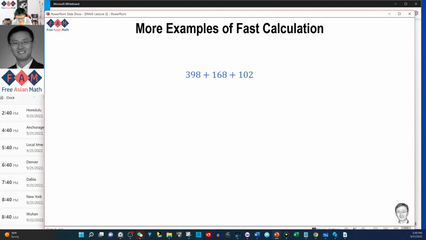So 398 plus 102 gives you 500. And now you add 500 to 168. That's super easy because you have 2 zeros after 5. That will give you 668. So this is very obvious, right?